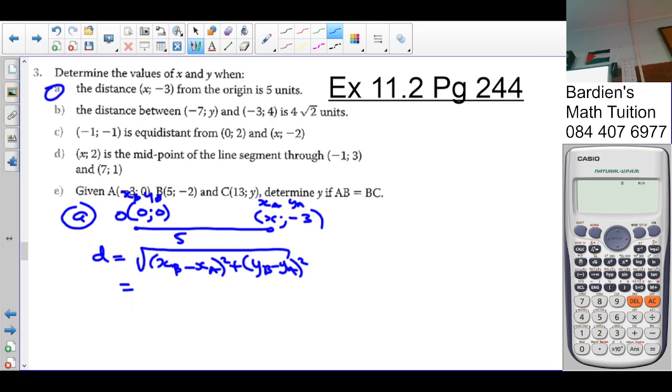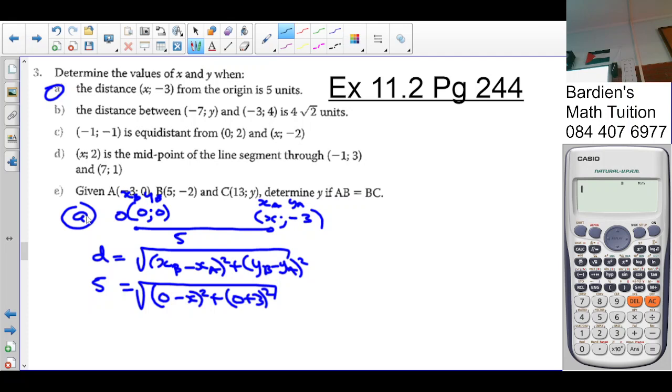If we had in turn made this xb and yb, then this would be xa and ya in that order. So that would be the square root of, what's the distance of this line? 5 equals the square root of 0 minus x squared, plus 0 minus 3 squared.